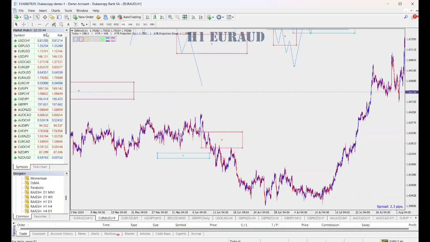We got a break of this level here. And this level, guys, is a level that I'm not going to talk about in a video today. It's a level that we talk about in our advanced Discord group. It's pretty much the QM level, but I'm not going to go into details on that. This flag limit was created off of that level.